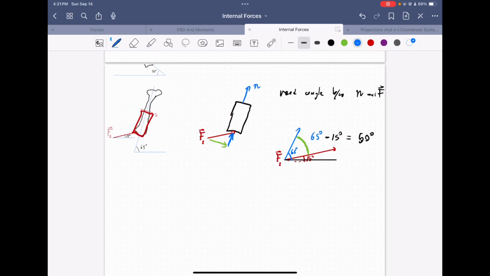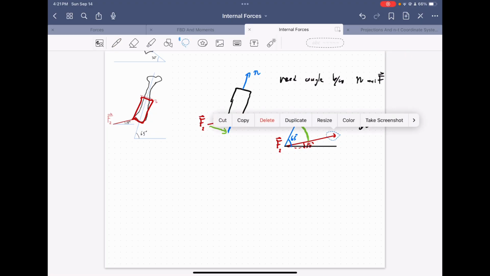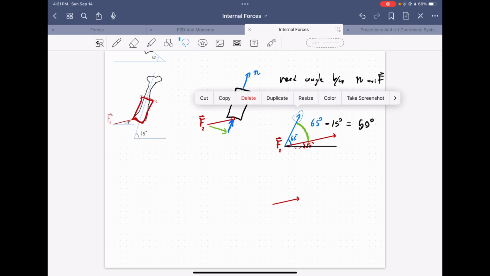So we have 50 degrees, and then we can redraw our triangle that we know now, where we have that force, it's a mini guy, and that normal direction, right?